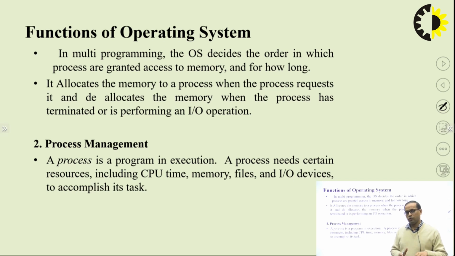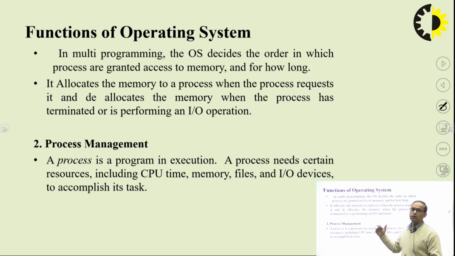At that time the term process is used for that program. So a process is an active entity whereas a program is a passive entity. A process is nothing but a program in execution. A program in active state is known as the process.